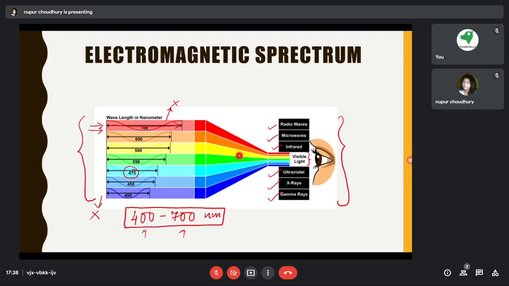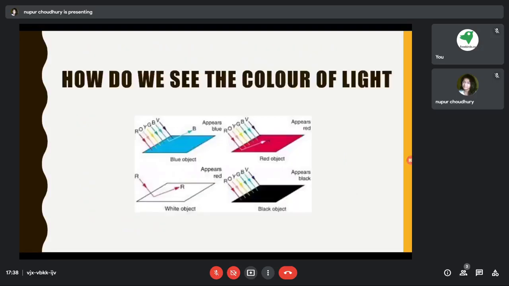Now, if we look into it in a better way, how do we see the color of light? We already talked about in our first slide that the white light that we see is basically composed of 7 different colors, VIBGYOR to be very precise. Now how does our human eye identify the different colors?